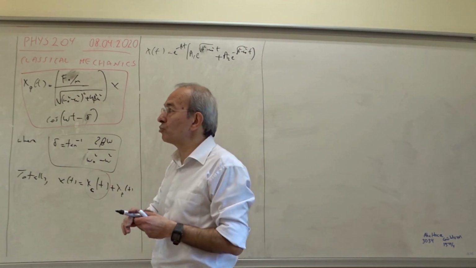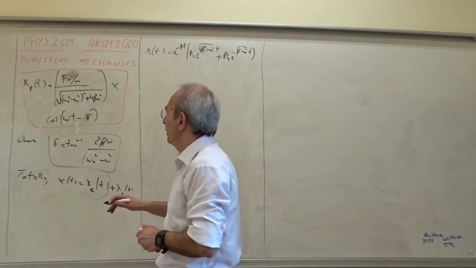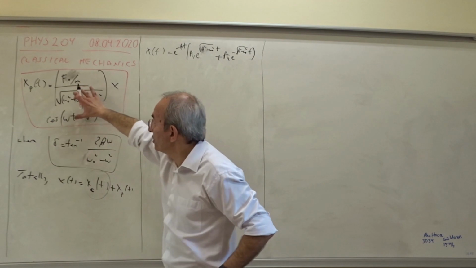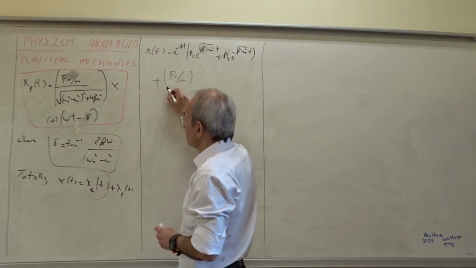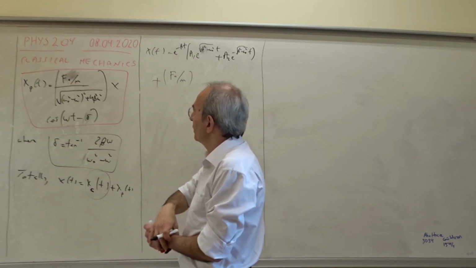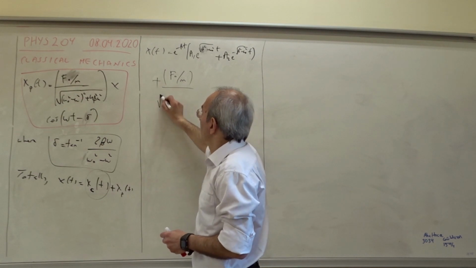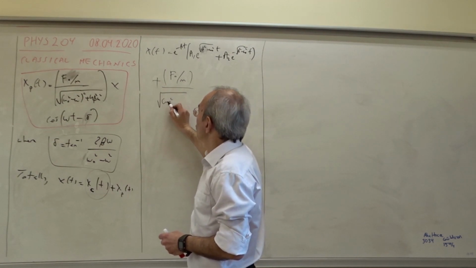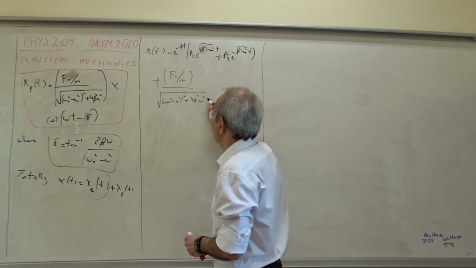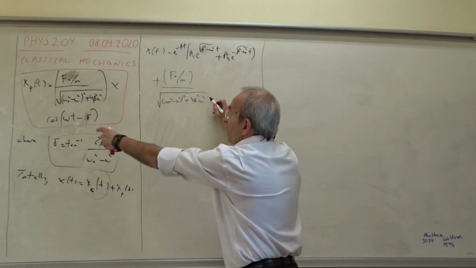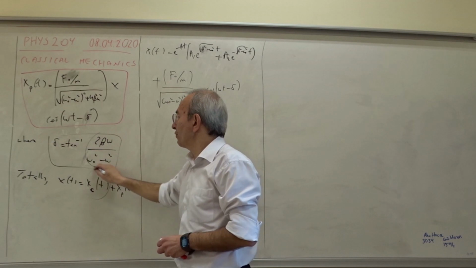But if there is also some external force that tries to oscillate it at a different frequency omega other than the natural frequency omega 0, then we have this part plus this whole thing, f0 over m. f0 is the applied magnitude divided by this root, omega 0 squared minus omega squared to the power of 2 plus 4 beta squared omega squared, and then multiplied by cosine omega t minus delta, where delta is tangent inverse of this thing.